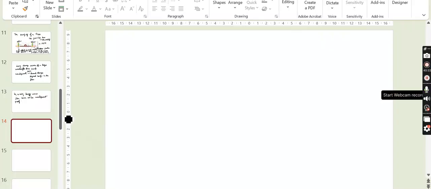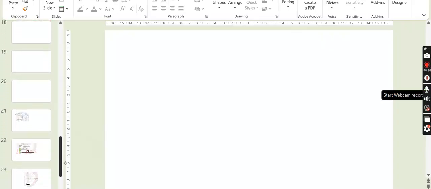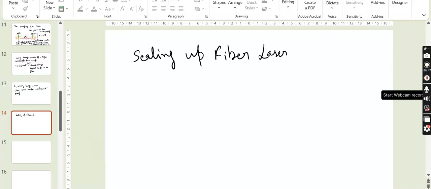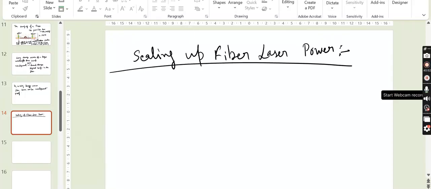Now, we have to scale up the fiber laser. So any laser, a fiber laser can be scaled up by increasing the active length.